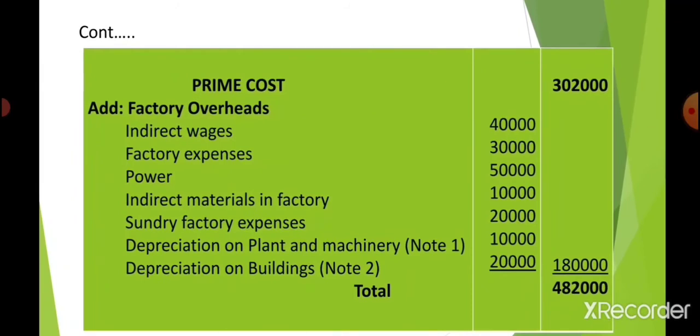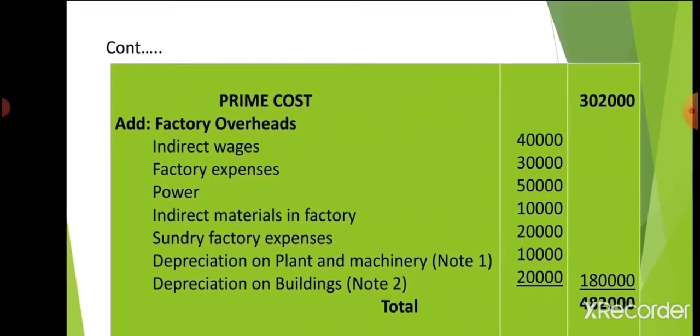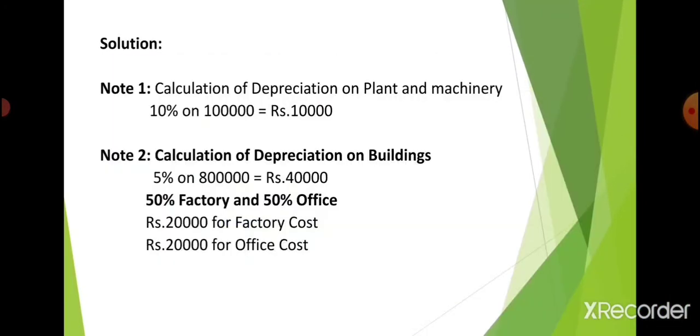So indirect wages, factory expenses, power, indirect materials in factory, sundry factory expenses. Depreciation on plant and machinery we have calculated in note 1, that is 10,000, 10% on 1 lakh. And then depreciation on building, 5% on 8 lakh, that is equal to 40,000.